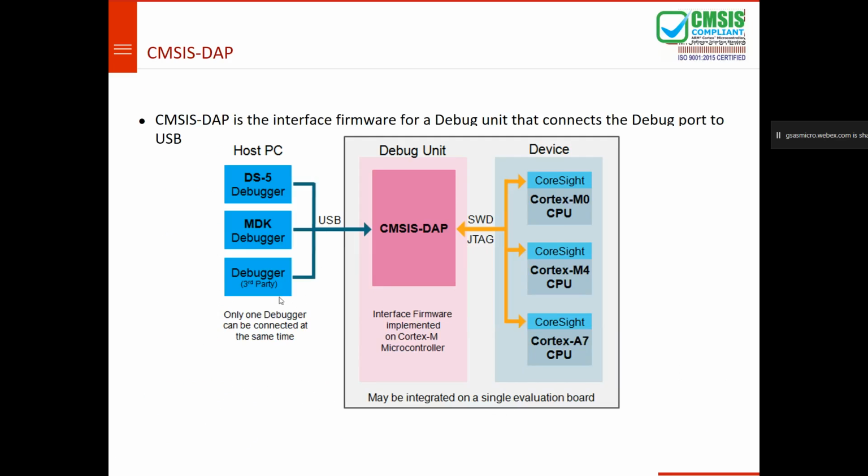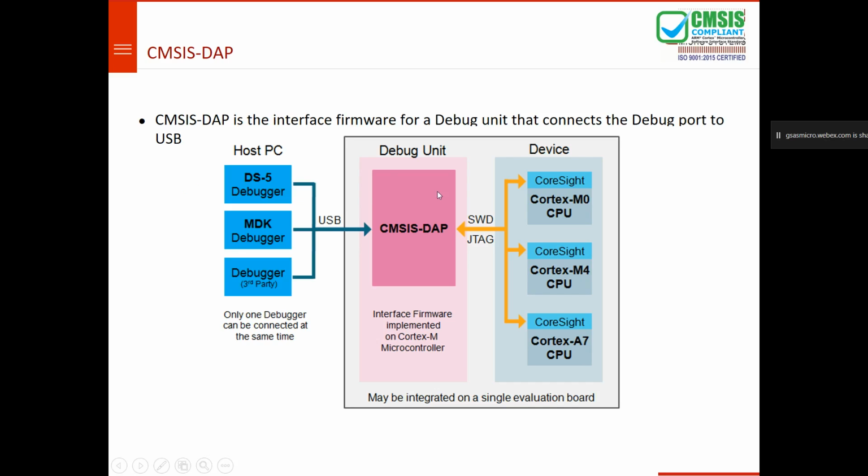You can access the debug interface of that device or microcontroller through the USB port. The board on which the device sits, if it has a micro USB or normal USB, you can connect that board to software running on the host PC, and you can control the board through that software.